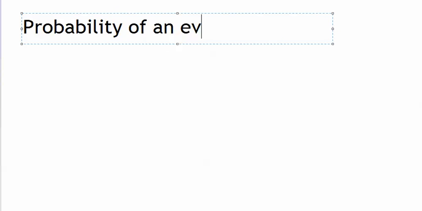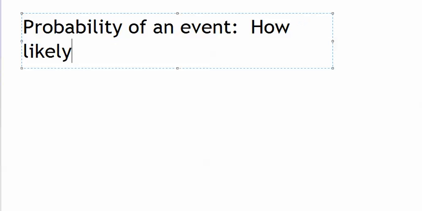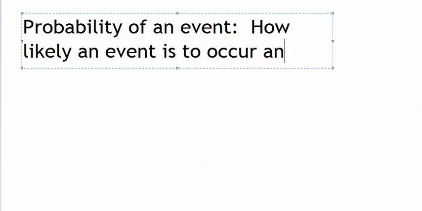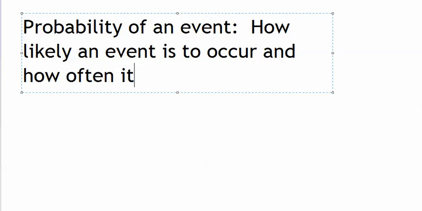The probability of an event is how likely it is to occur, and how often it will happen.